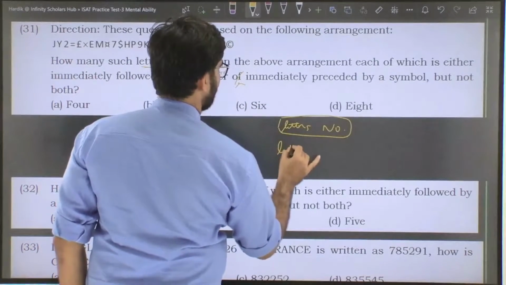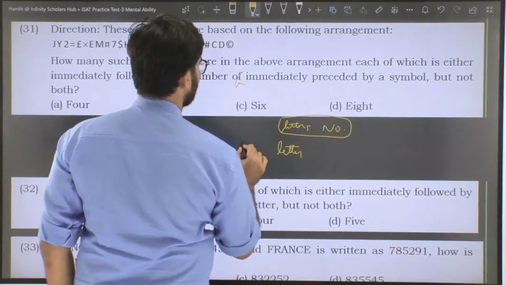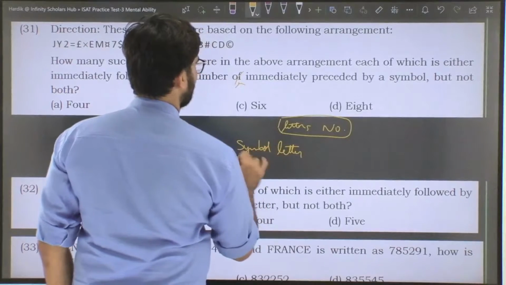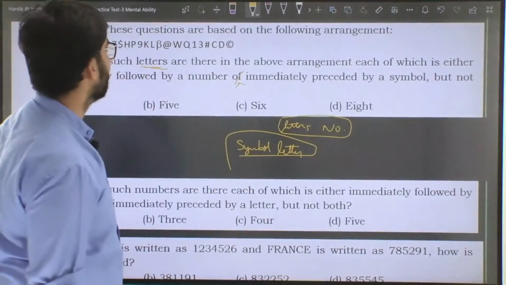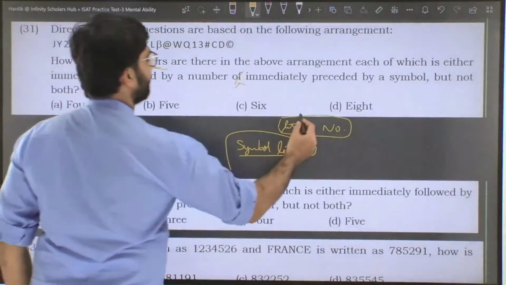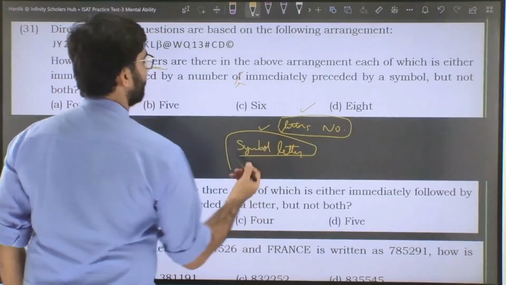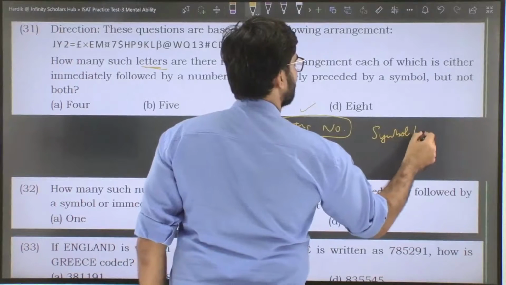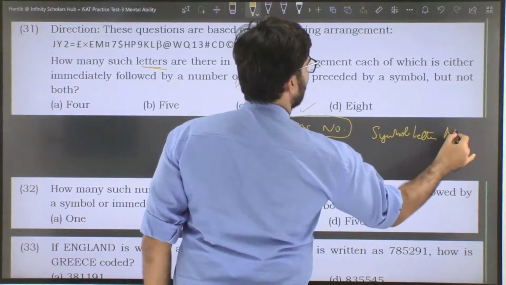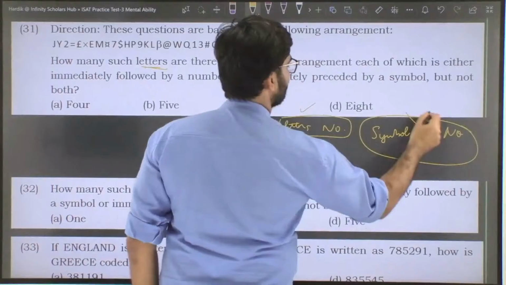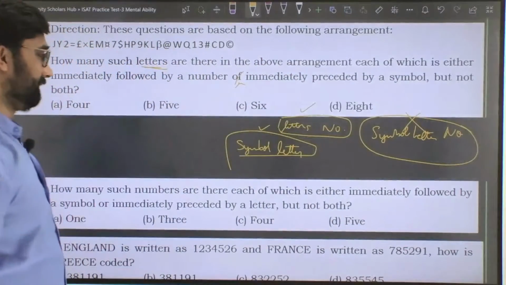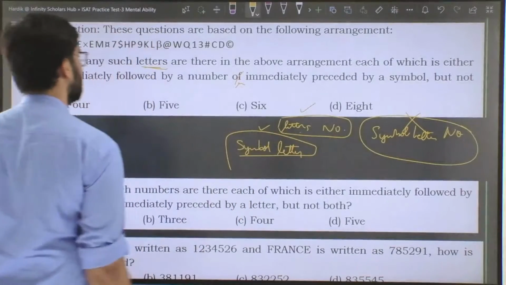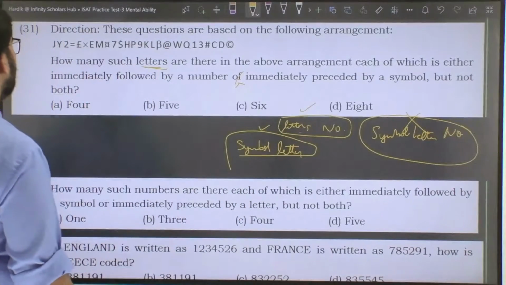So the letter should be preceded by a symbol, but not both. So either this should be there or this should be there. It cannot be like this, symbol, letter and number. If this is there, then you will not consider that. So either this or this, but not both.